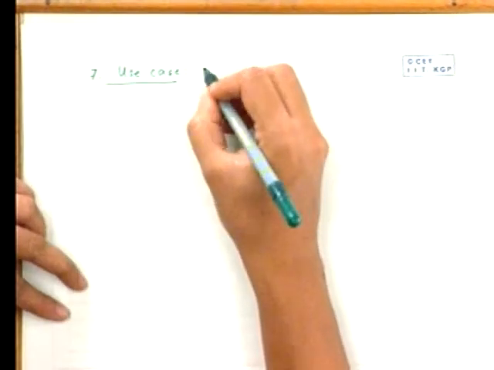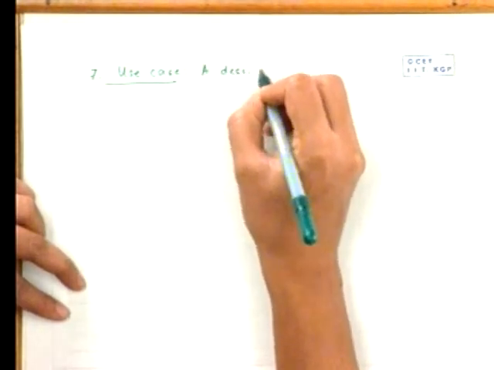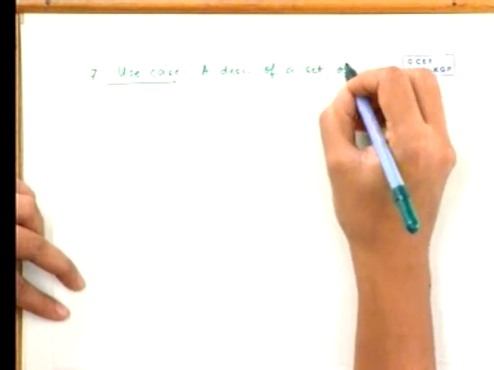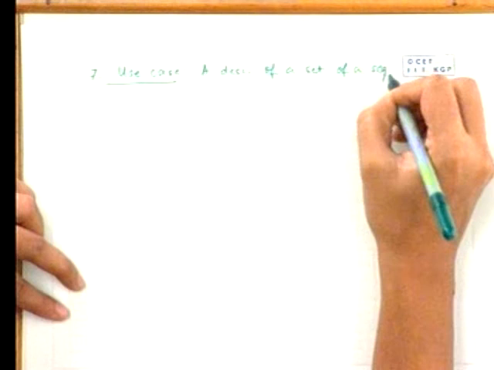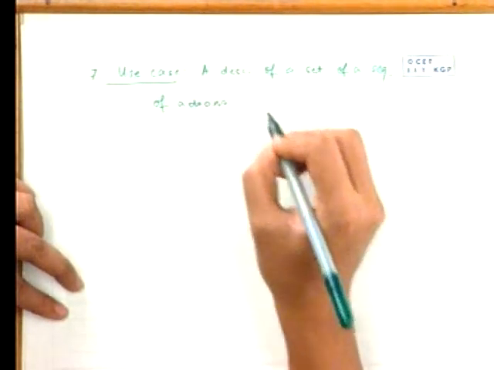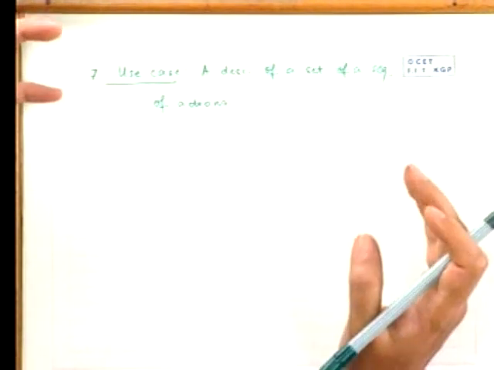A use case is a description of a sequence of actions that a system performs and that yields something which is observable and of value to a particular actor.